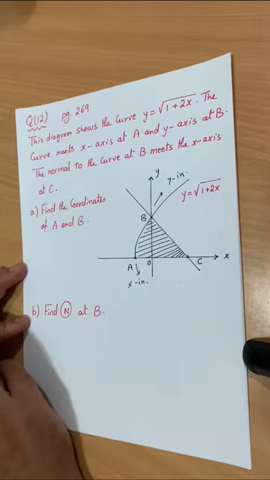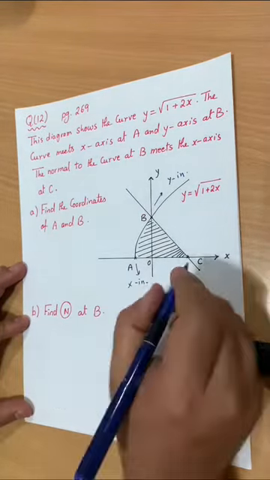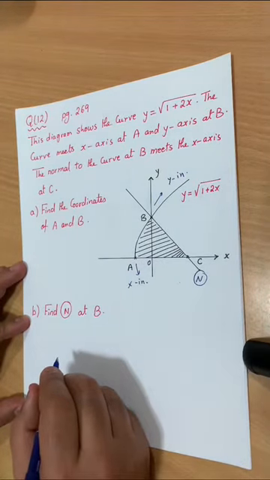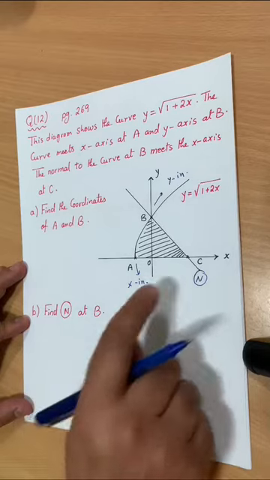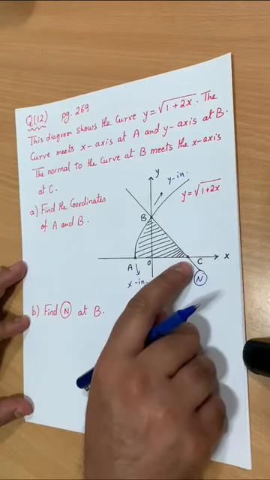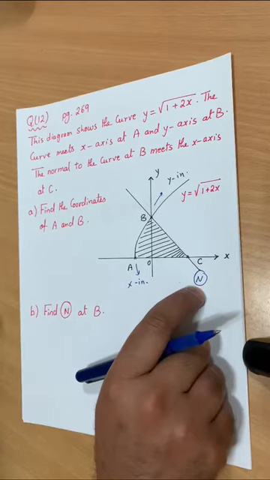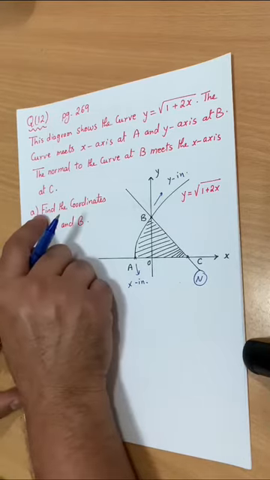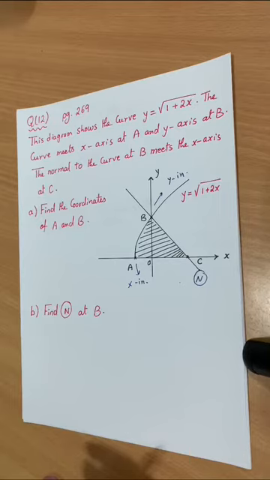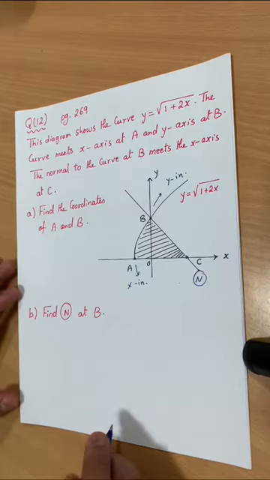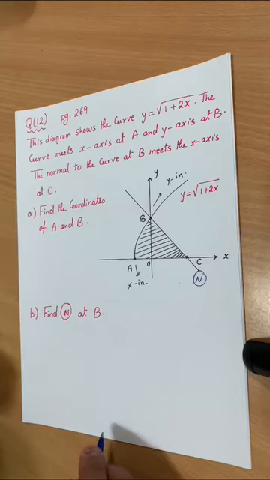The normal, this straight line, is representing the normal to the curve at the point B, and meets the x-axis at the point C. So this point is the x-intercept of the normal only, not of the curve. It's required to do 4 things. The first part, find the coordinates of the points A and B.